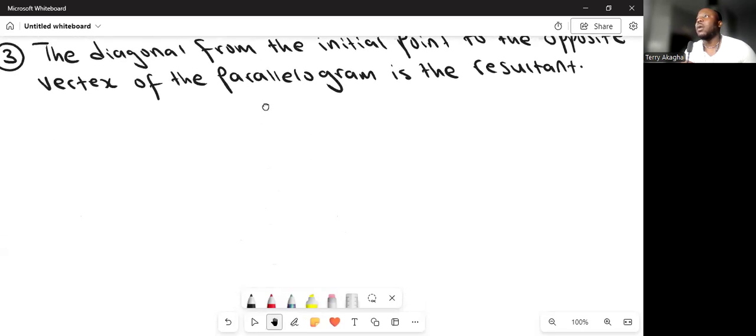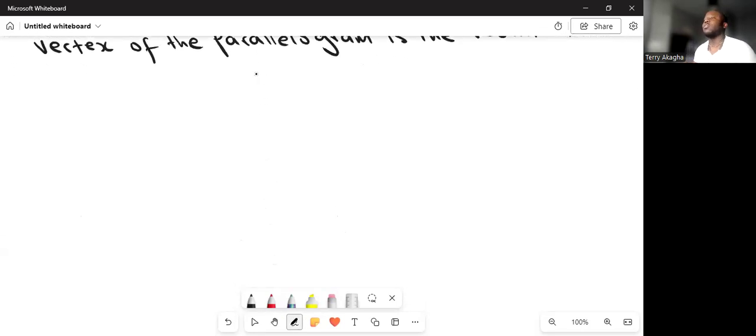So what I'm trying to say here is that let's assume I have a parallelogram. We have a vector here. Let's call this vector V. And we have another vector here. Let's call this vector U. So that's step 1.